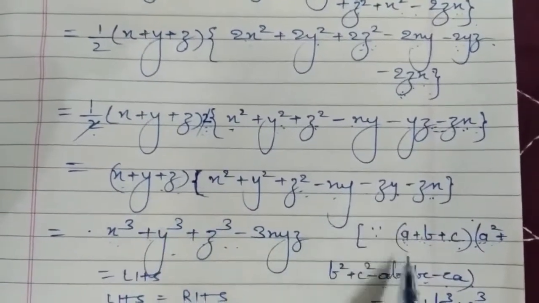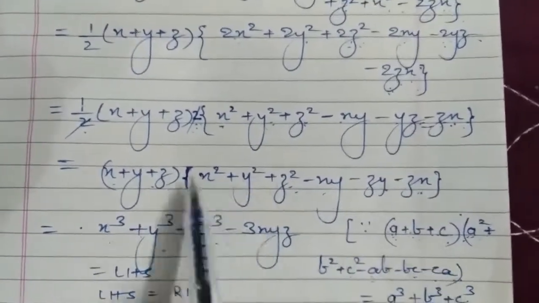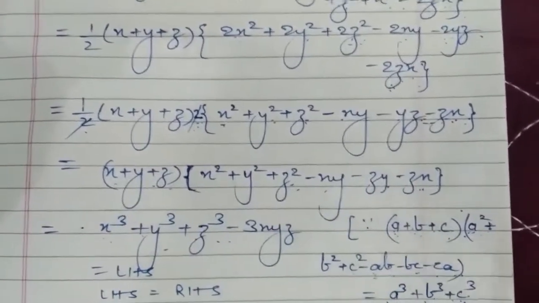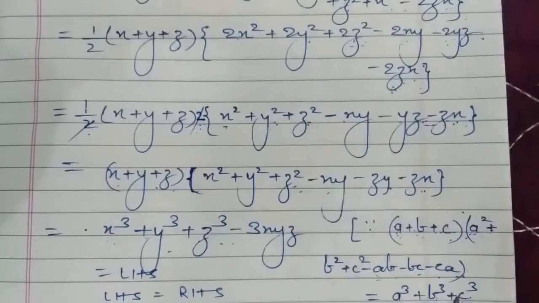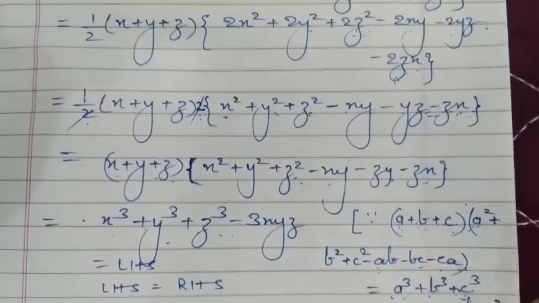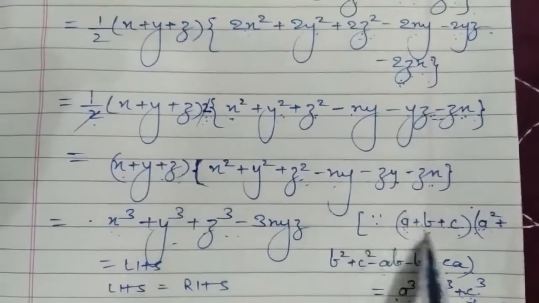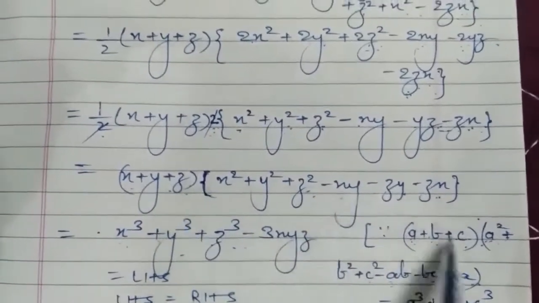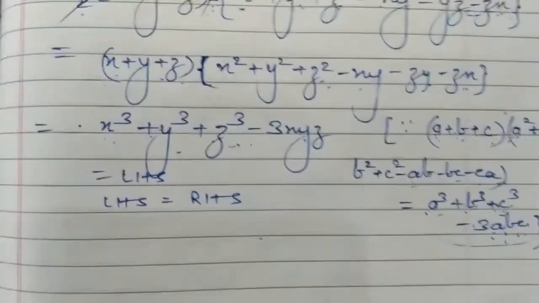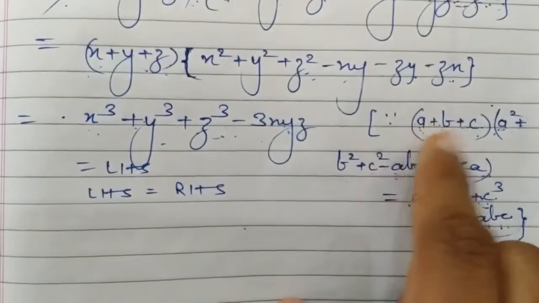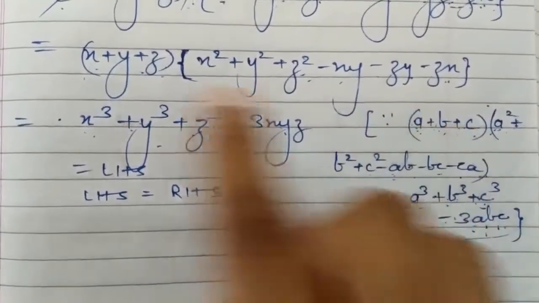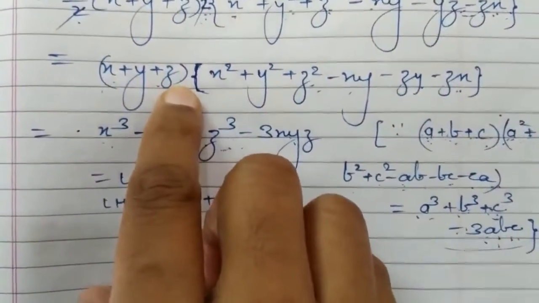This entire form is like this form. So we can write this form in this form after putting the value of a, b and c. So what is the value of a when you compare this and this? a equal to x, b equal to y and c equal to z. Now you put the value of a, b and c, that is x, y and z respectively.